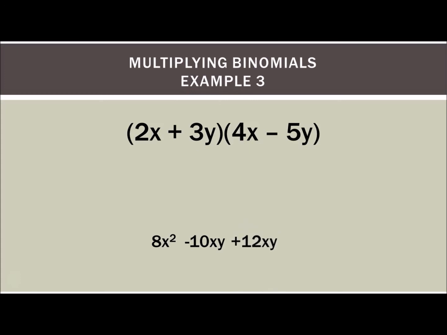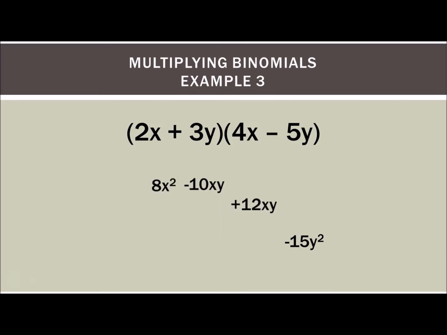Okay, now next is the 3y times the negative 5y. So if we multiply that together, 3 times negative 5 gives me negative 15, and y times y will give us y to the second, because there are 2 of those y's. So let me go ahead and bring this up. Okay, now we're going to go ahead and try to combine like terms.